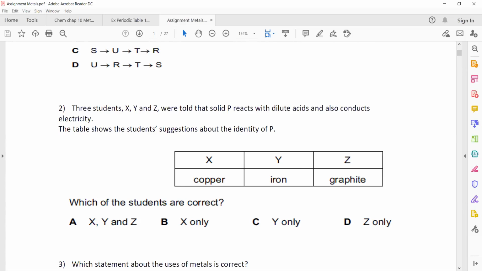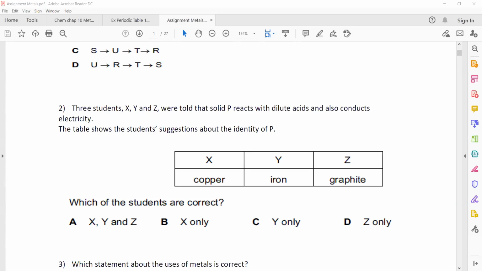Question 2. What could be the answer? Everyone should participate, show the understanding of the topic. What could be the answer? Yes, C is the right answer.